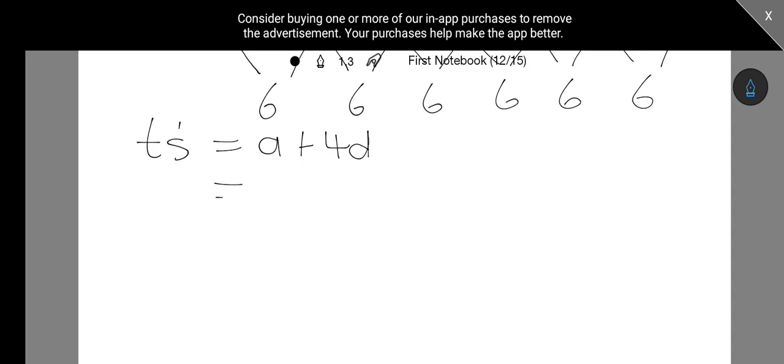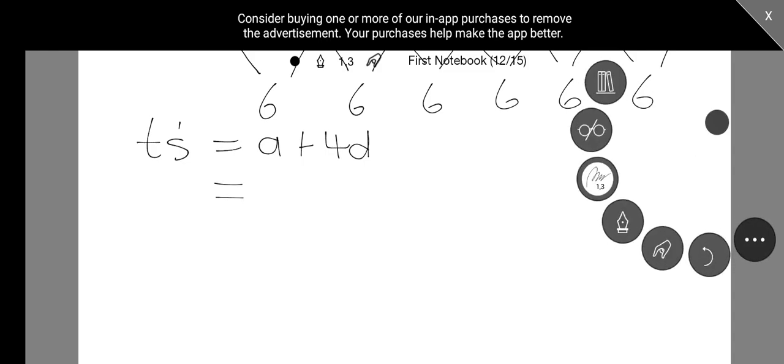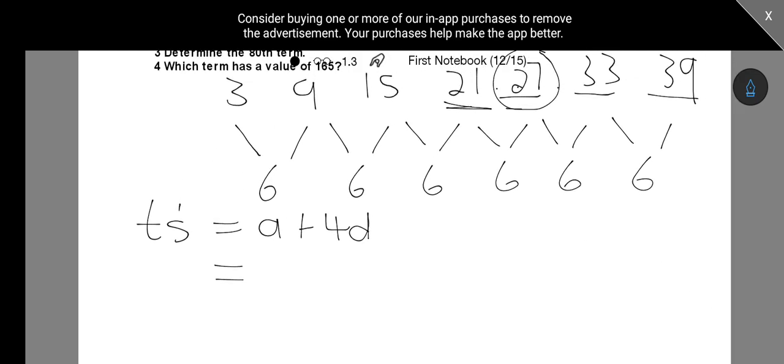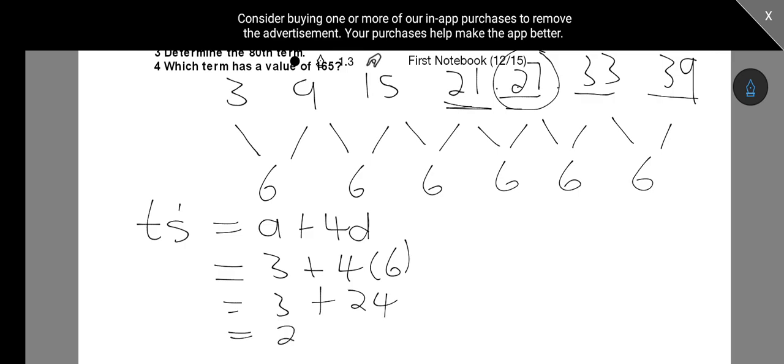Now A, we said that is the first term in the sequence. What is the first term in the sequence? The first term is 3. So that's going to be 3 plus 4 times the difference, that is 6. What is 4 times 6? That is 24. Then we have 3 plus 24, and it gives us 27.